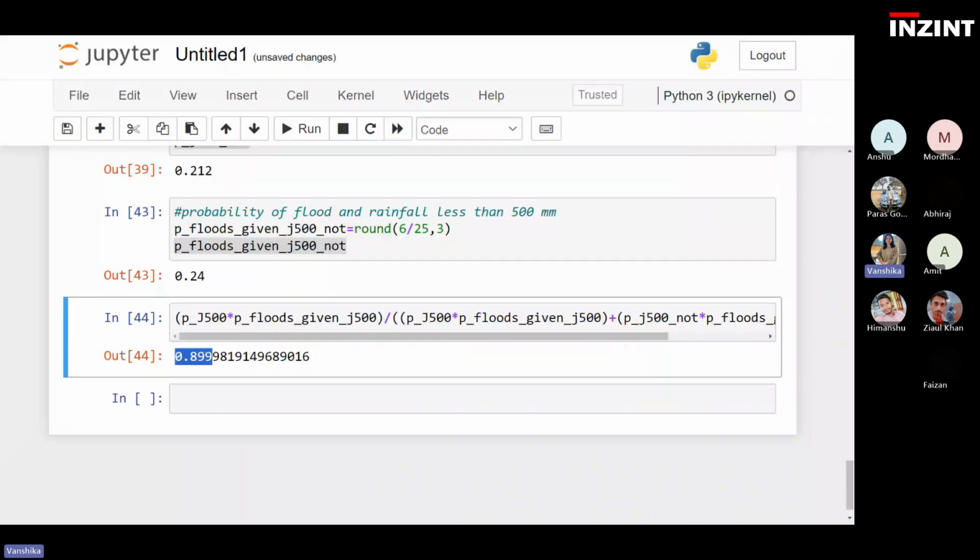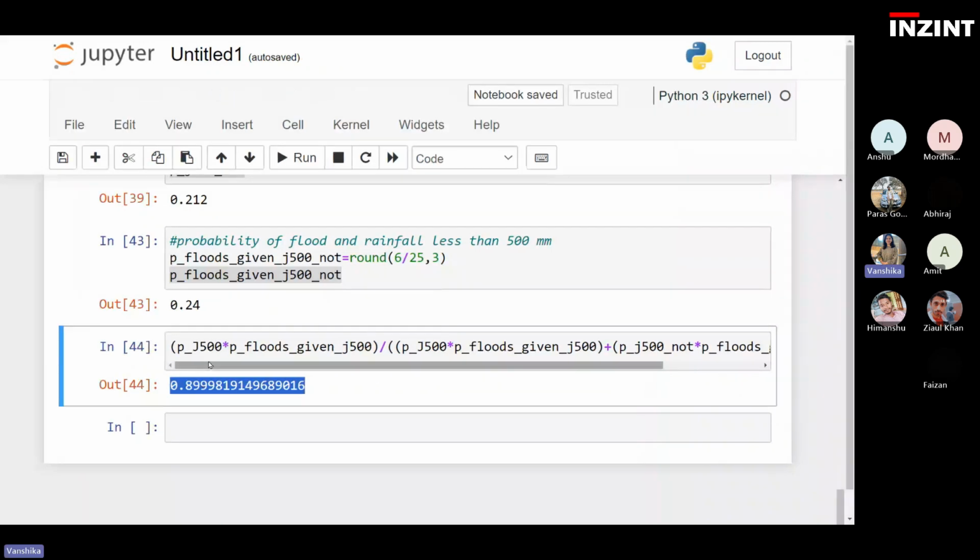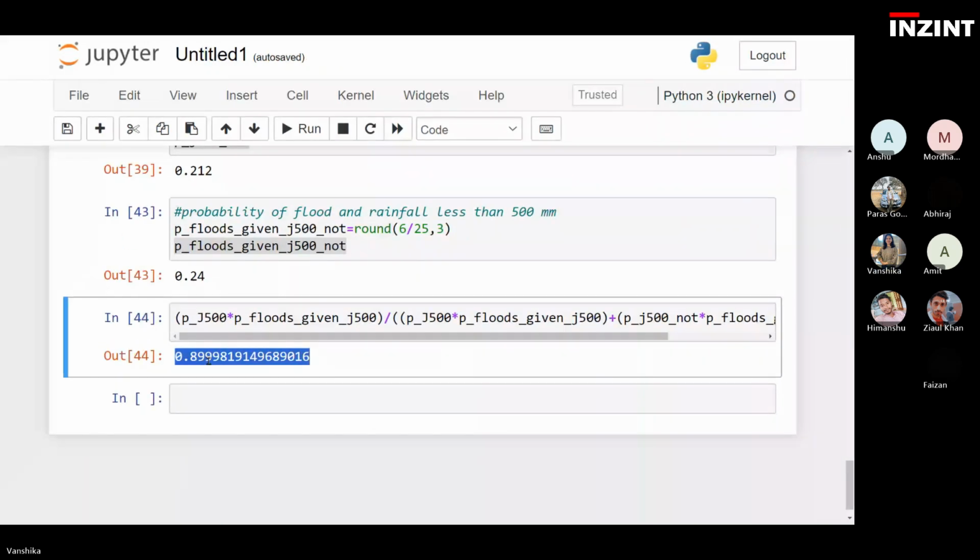What can I infer from this result? So this is my final result. Can you tell me what is the deduction or what is the insight we get from this result? Anyone? हम क्यों कैलकुलेट कर रहे थे ये basically? Like we were checking the dependence of rainfall on floods, right? And we got this as a conditional probability.